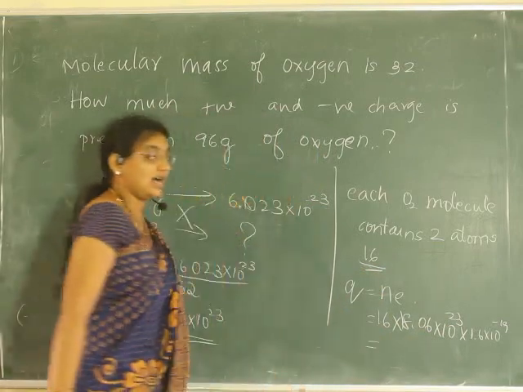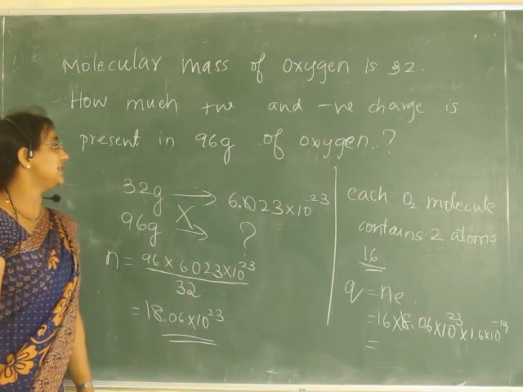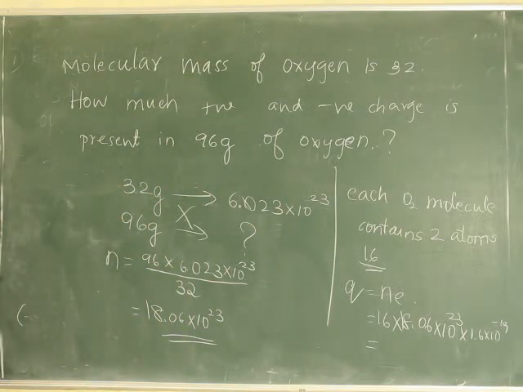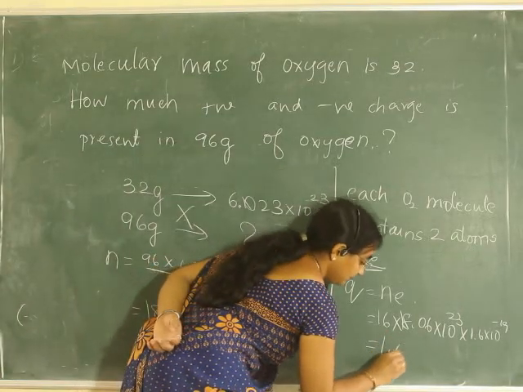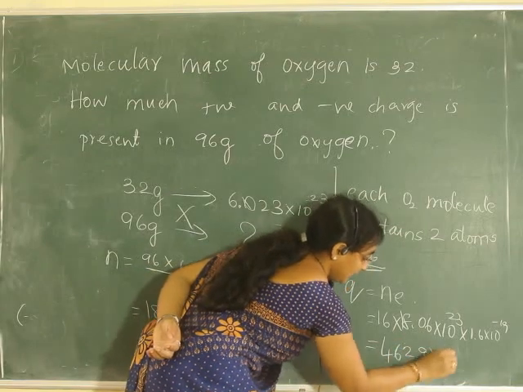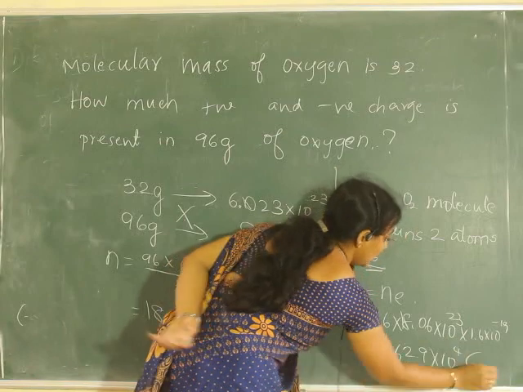Therefore, the total positive and negative charge present in 96 grams of oxygen is 462.9 into 10 to the power 4.